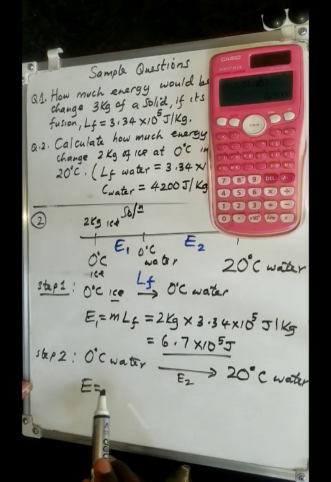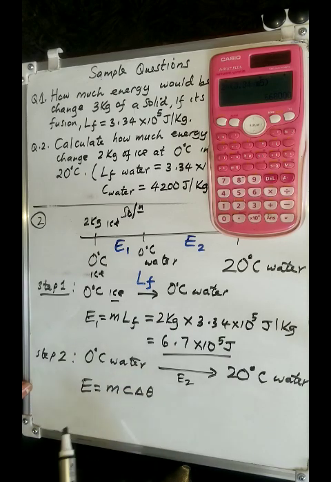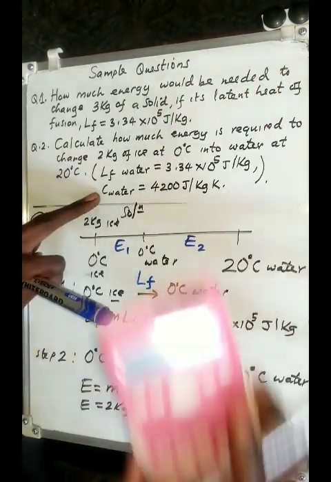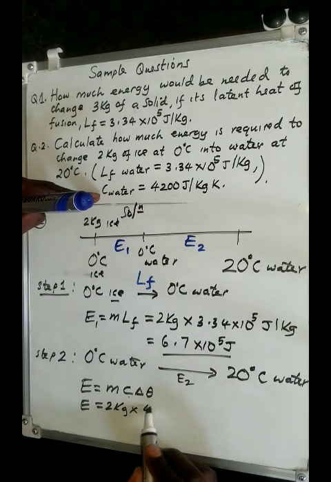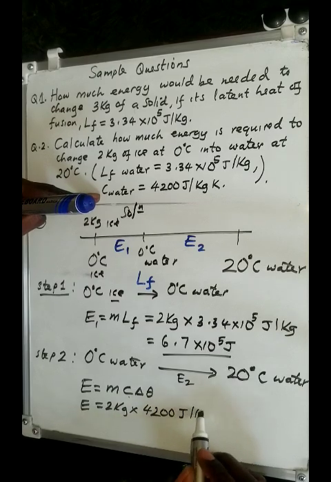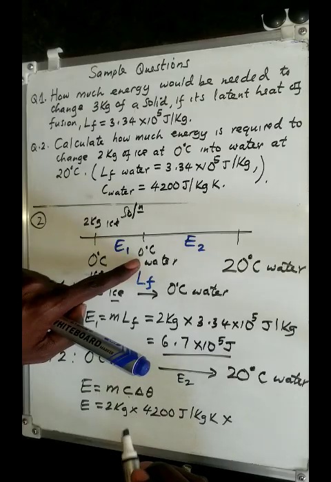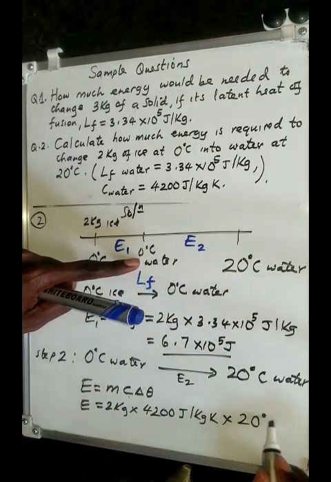So energy is equal to mass, specific heat capacity, and change in water temperature. The mass is 2 kg. They have given us the specific heat capacity of water, that is 4,200 joules per kg Kelvin. Then the change in temperature from 0 to 20 will still give you 20 degrees Celsius.